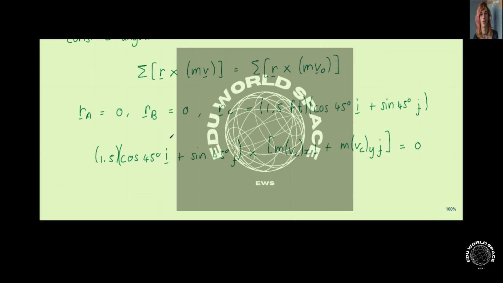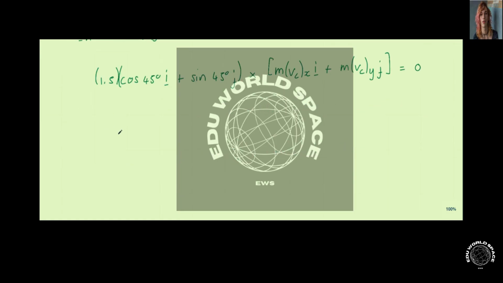So that's the conservation of angular momentum. And since the cross product is 0, the two vectors are parallel.